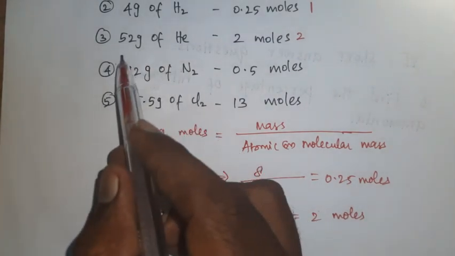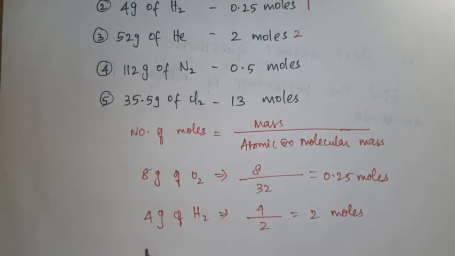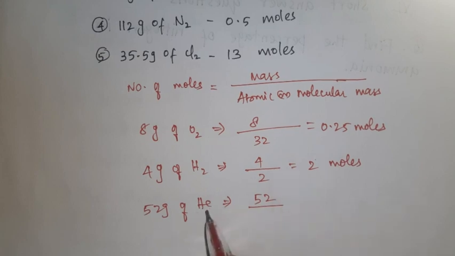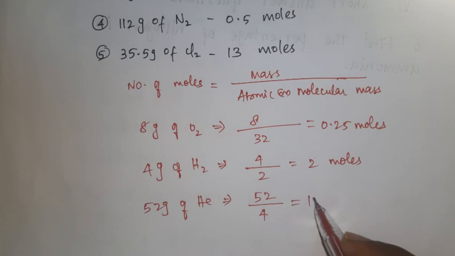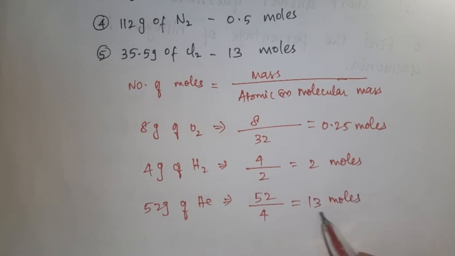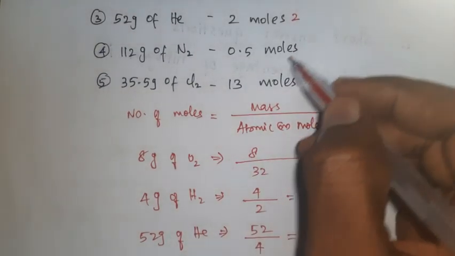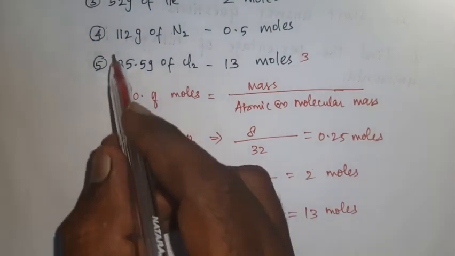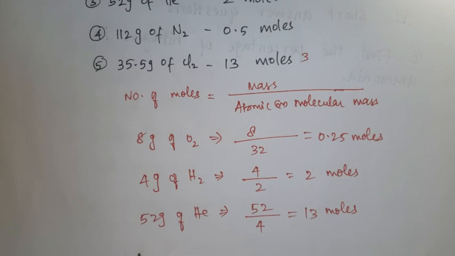Next, for the third one, 52 gram of helium atom. Given mass is 52. Atomic mass of helium is 4. If we divide, we'll get 13 moles. So 13 moles for the third one. This is 3. Next, 112 gram of nitrogen molecule.